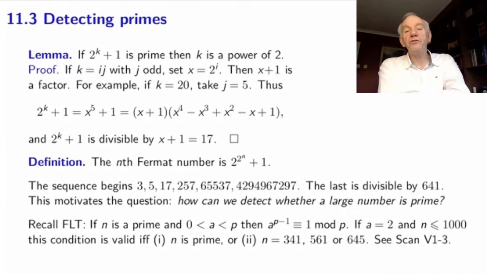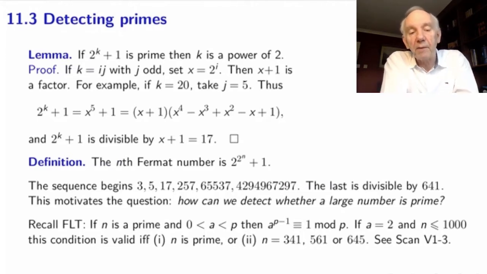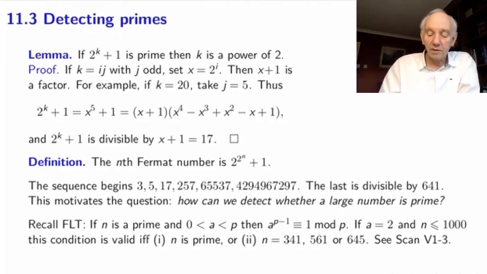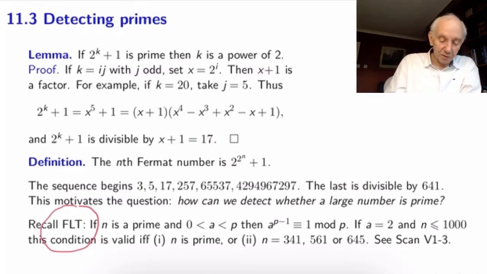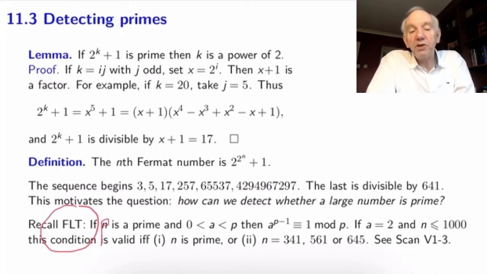So I want to remind you the starting point for today's lecture mathematically is Fermat's little theorem. What we're going to do today really generalizes the result of Fermat's little theorem. Fermat's little theorem tells us that if p is a prime number and we take an integer a strictly between 0 and p, then a to the power p minus 1 is equal to 1 mod p.